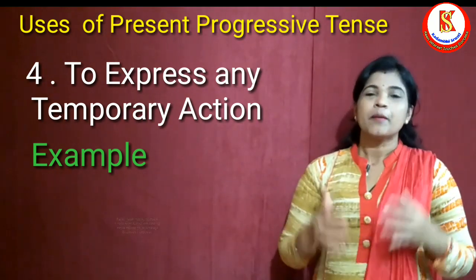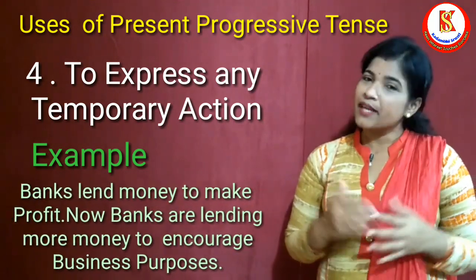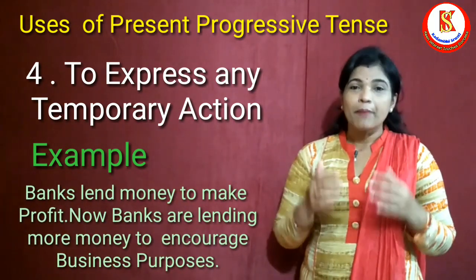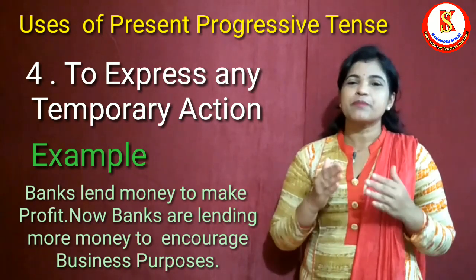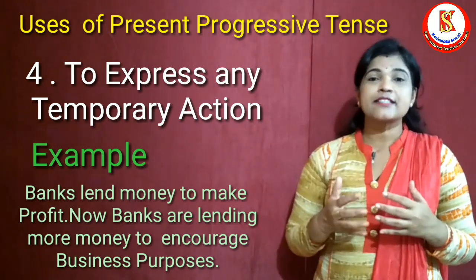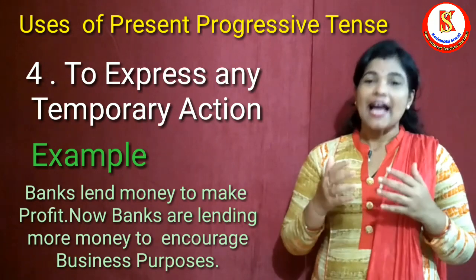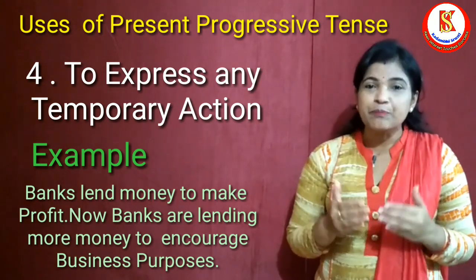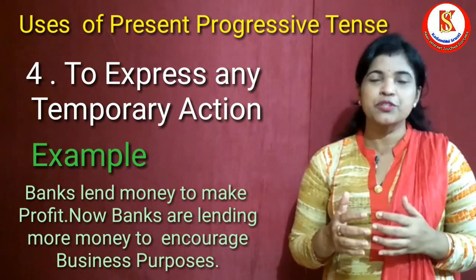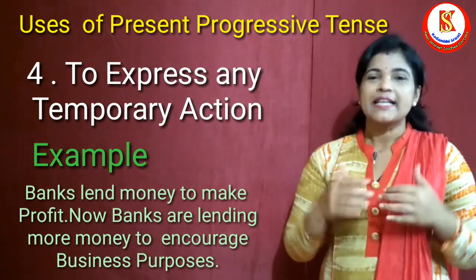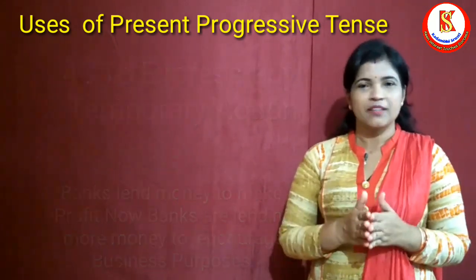Another example, banks lend money to make profit, but now banks are lending more money to encourage business purposes. So there is some variation in the action. So that is the temporary change that happens in the action. So here we have to use present progressive instead of present simple.